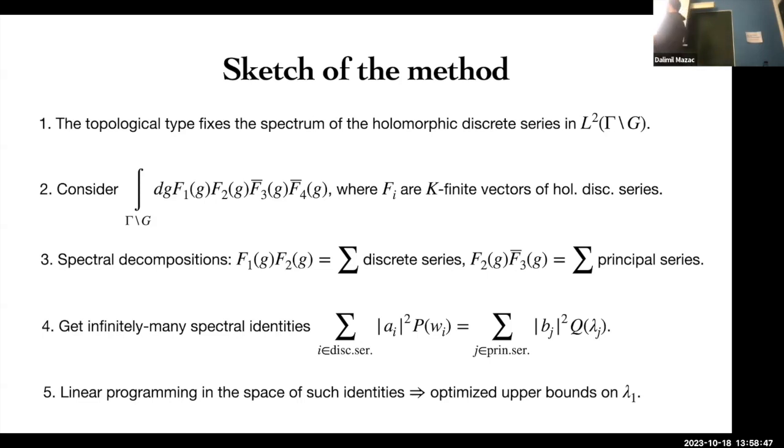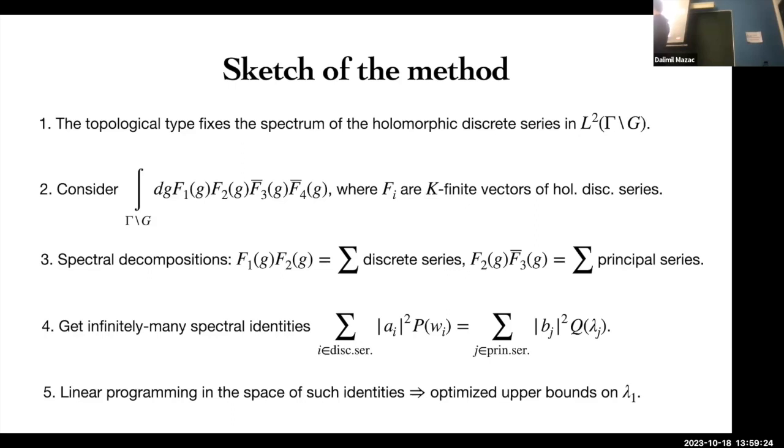Then you do two spectral decompositions. You take the product of two of them and apply the spectral theorem for L2, and you find that there is just a contribution from discrete series representations for the product of two holomorphic forms. In the other channel, taking a product of F2 and F3 bar, there's a similar story, but now you only find principal series, and this is where the Laplace eigenfunctions live. So on one side you have only holomorphic forms, which are very rigid and give you a lot of control. On the other side, you have these very interesting Laplace eigenvalues that you want to study.